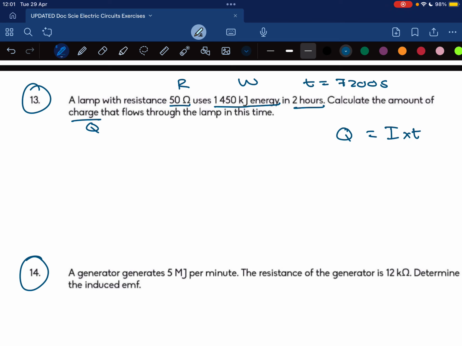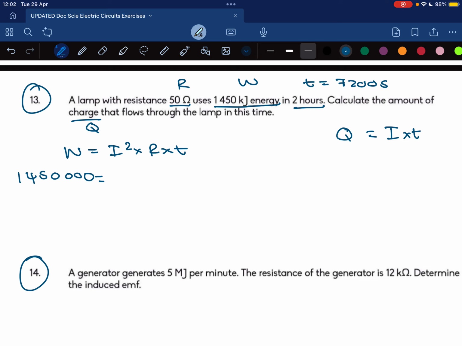So the equation we can use is W is equal to I squared times R times T. So we know that the work is, now be careful, it's kilojoules and not just joules. So it would be 1,450,000 joules of energy.